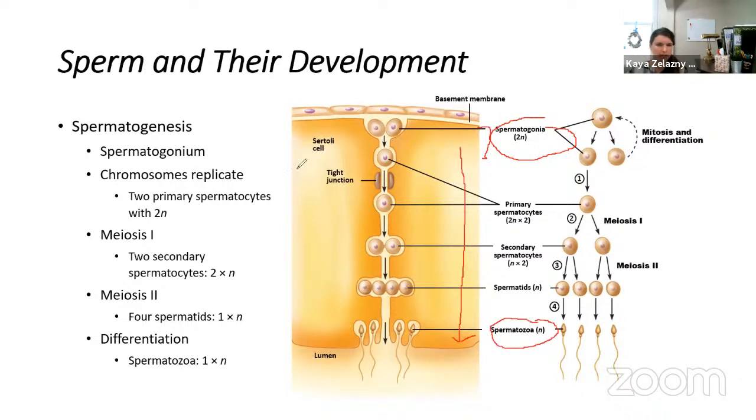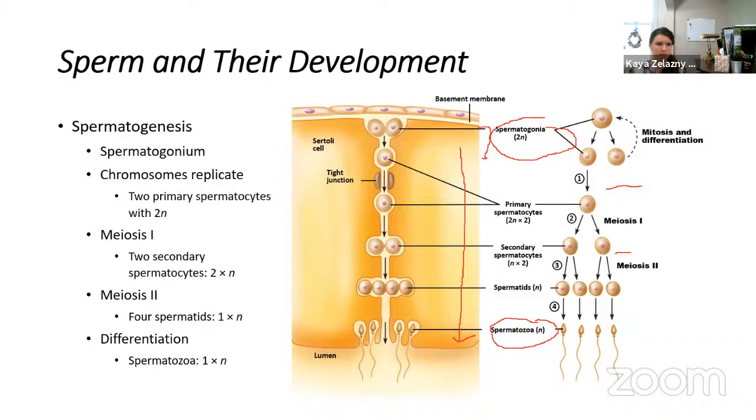We're going to contrast this as we talk today about the development of ova, egg cells, which is going to be quite different. We're going to see a lot of hormonal mediation of the female cycle, and several stop points in meiosis in females, whereas in males this is a relatively smooth process that just keeps going and going.